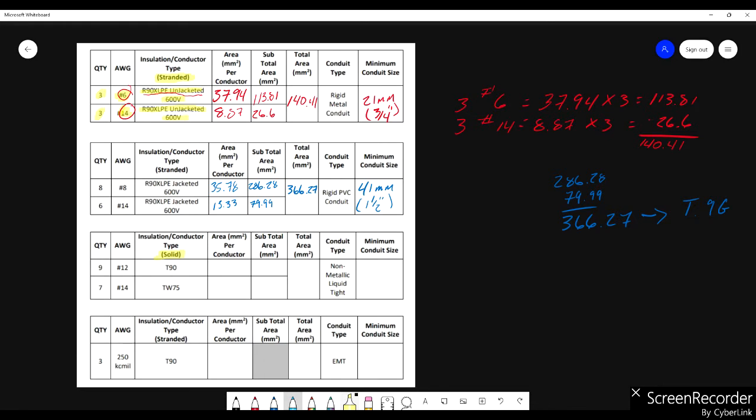Okay, so same ideas. I am going to go look for T90. So I bounce around here on my sheet. If I go to table 6K, I'm going to see that per conductor, it would occupy 7.12.